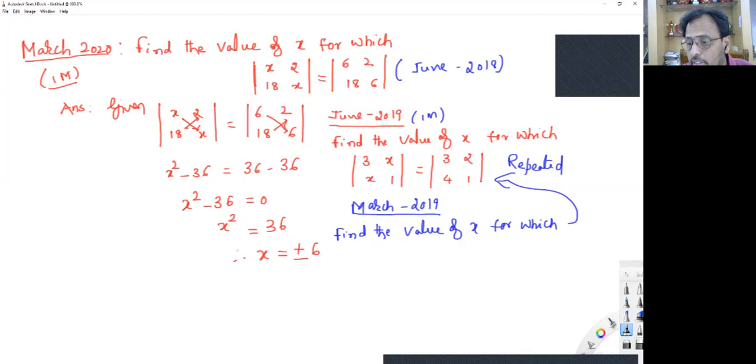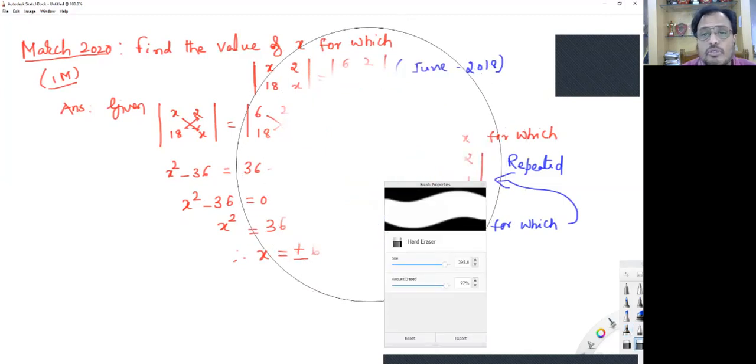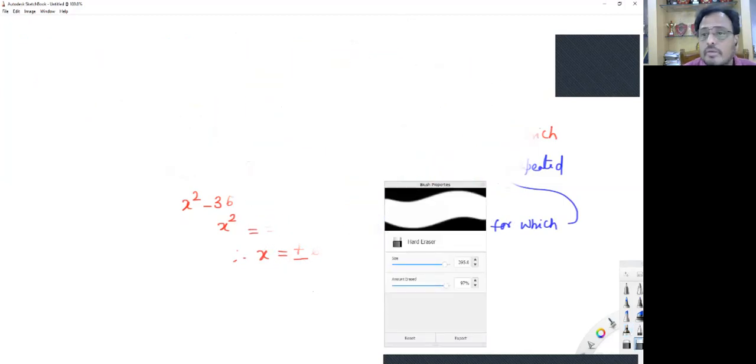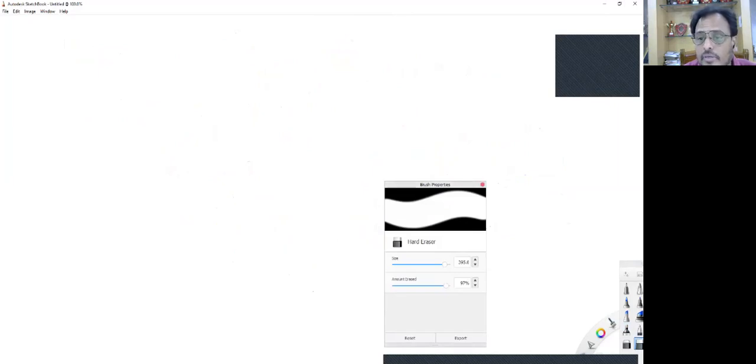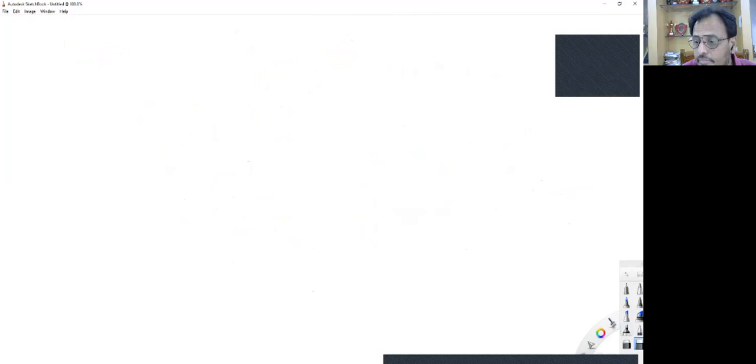March 2018 question paper. We'll try to solve all different examples here. If A is an invertible matrix of order 2, then find the determinant of A inverse. Later on you can go for it.